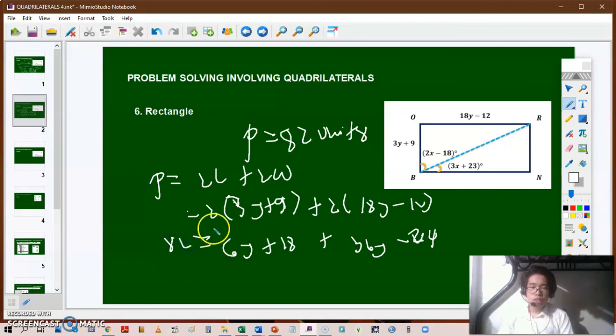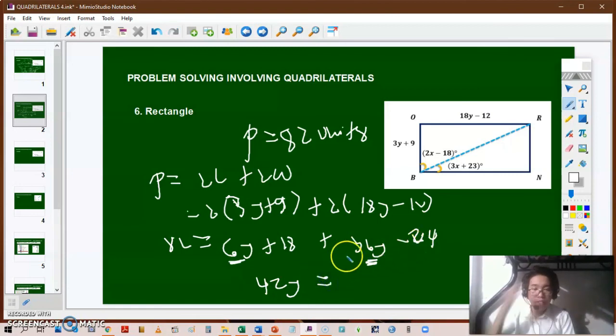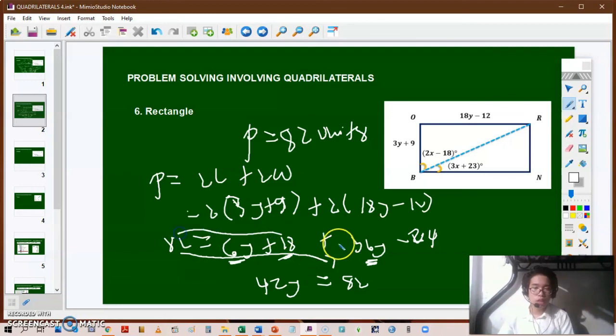So 6y plus 36y, that's going to be 42y is equal to 82, and then we have here plus 18, and since we're going to transfer it to the other side, that's going to be minus 18.